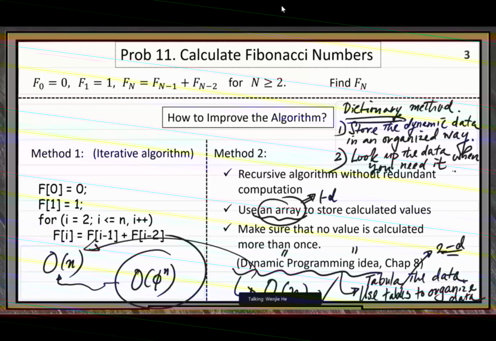So for each Fibonacci number, you only do the calculation once. Never more than once, because after the first calculation, you just do the lookup. The dictionary always returns the known values to your intermediate data.